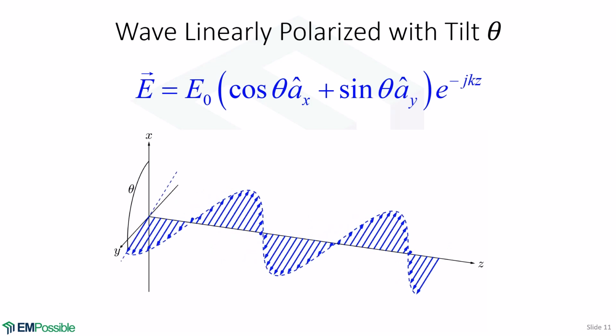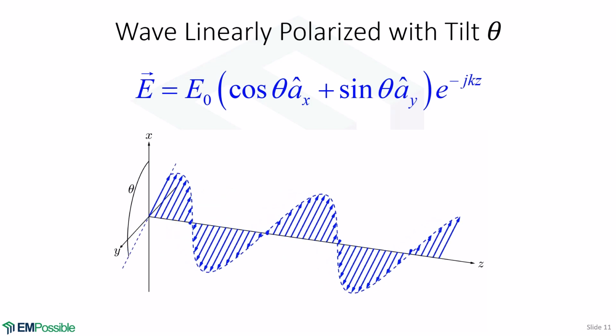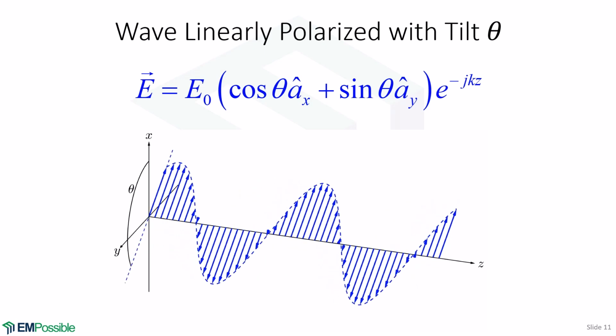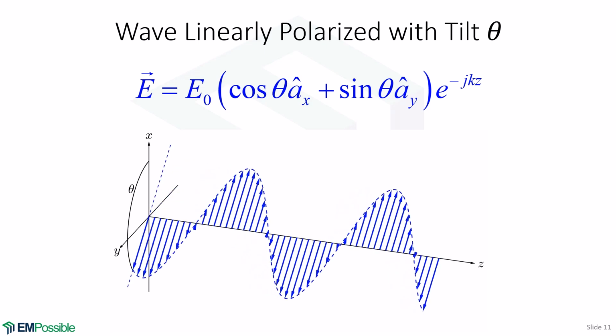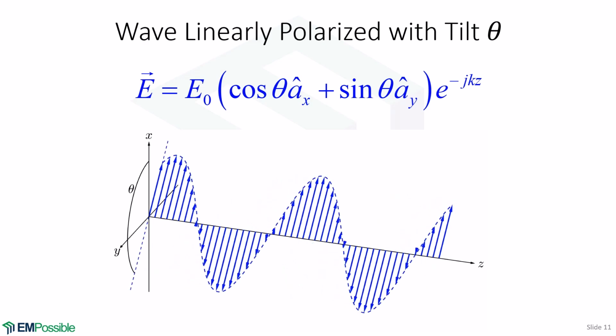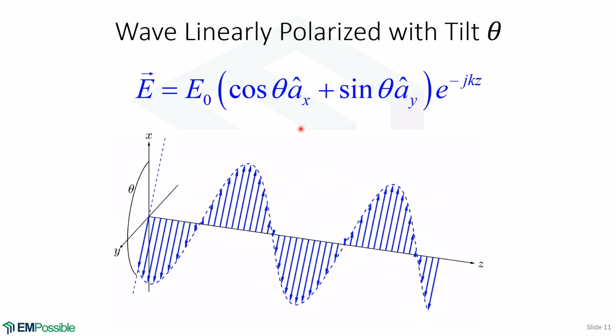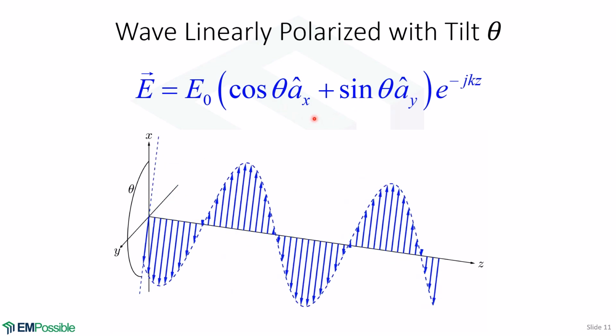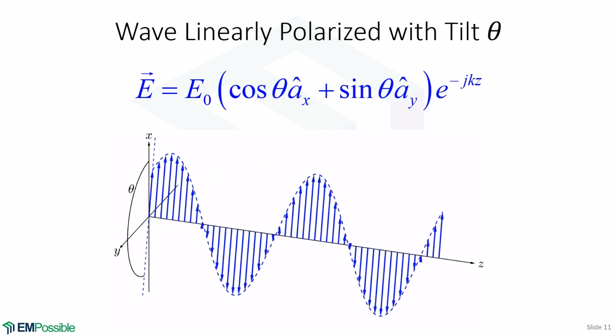So what we're looking at here are all possibilities of linear polarizations, and we can call that theta the tilt angle. Later on, we could look at this immediately and know that's a linear polarization because we would look at the x and y components and see that they're in phase. That's just a foreshadowing of something that's coming later.